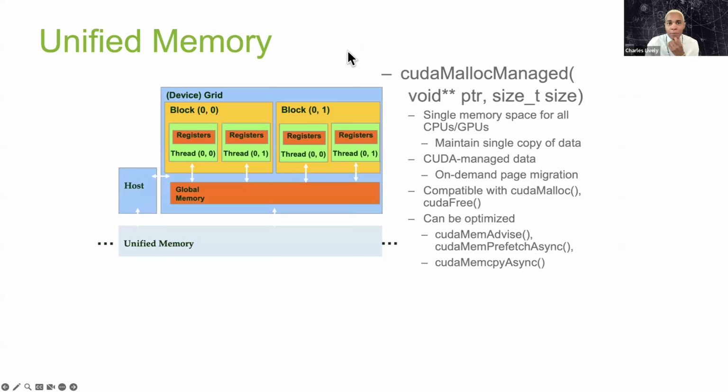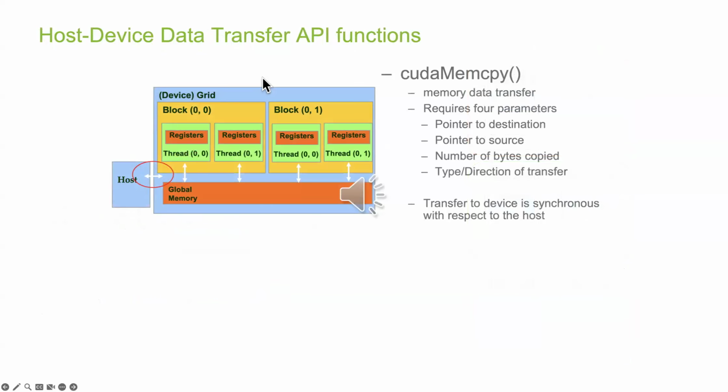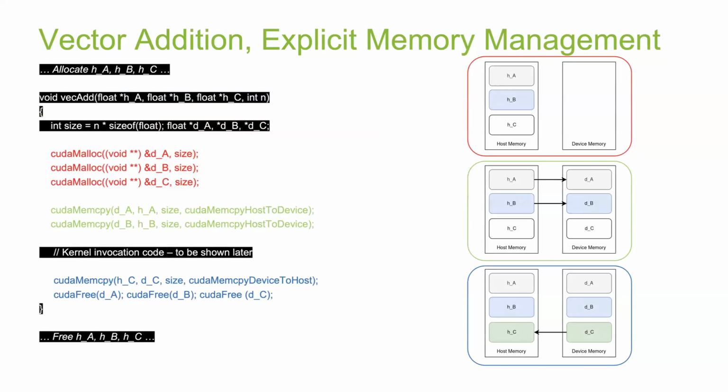Do we have any questions about any of the API calls that we use for CUDA malloc and CUDA memcopy? Yeah, I have a question. Go for it. So if our vector size gets very large, do we have to balance two sides?